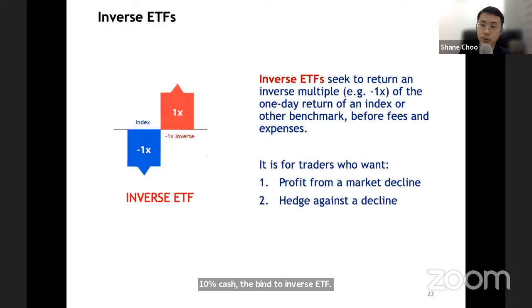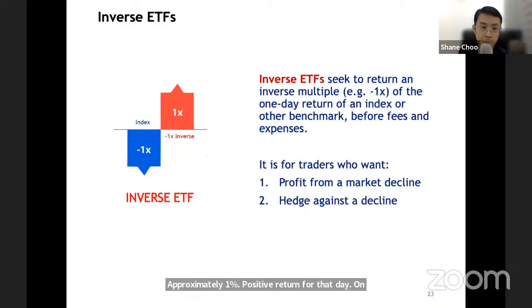As your portfolio declines in value, your inverse ETF will increase in value as the market declines. So let's say the index delivers negative 1% return on that day, then your inverse ETF will deliver approximately 1% positive return for that day.